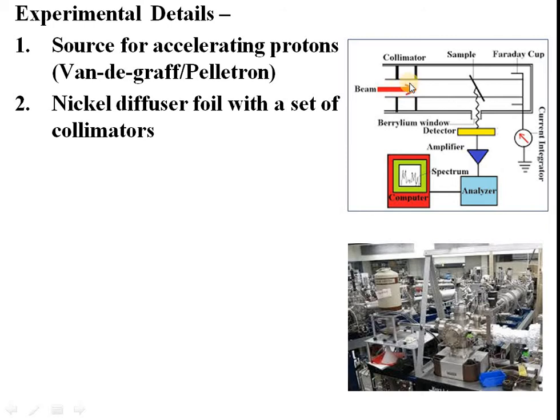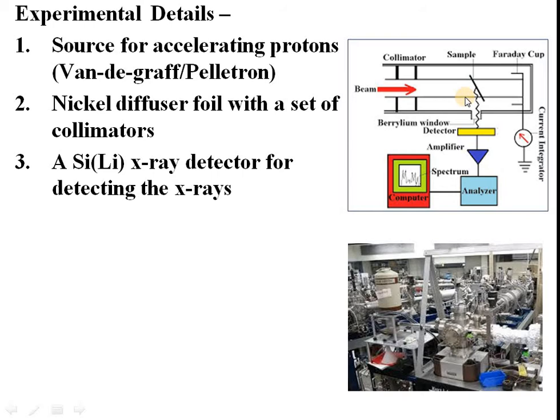The profile should be homogeneous, then only the measurement will be correct. So that is made by fixing some nickel film or thin foil. Once the protons pass through the foil, the beam gets homogenized, so that it can be used for irradiation purposes.